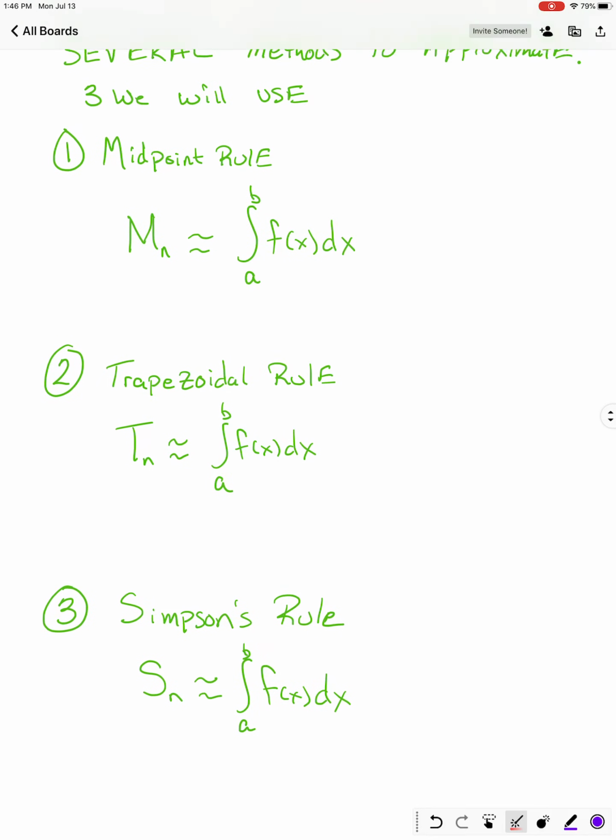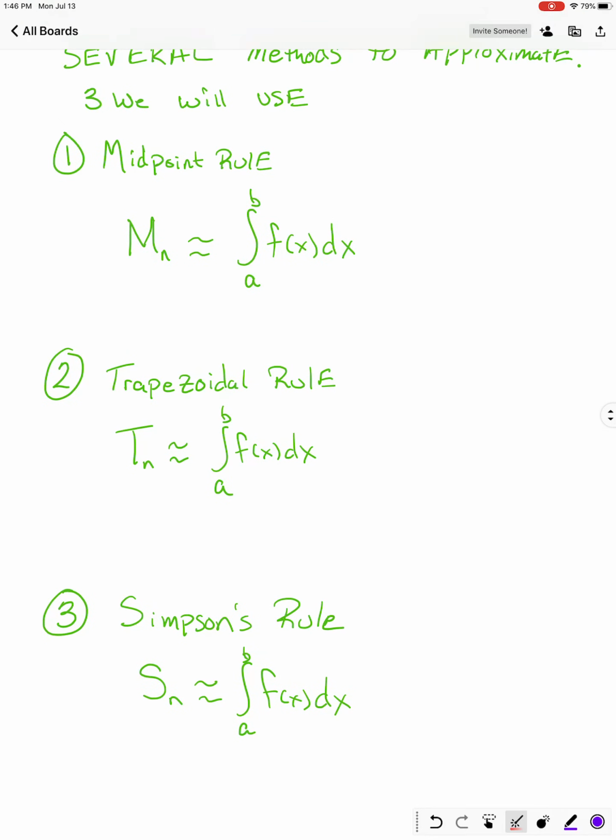I want to point out that these three get a lot of use in other STEM fields, specifically in engineering and in chemistry. Each of them has its own merit, and as computer systems develop and the speed of computer systems increases, each of them actually has advantages over the others in certain circumstances.